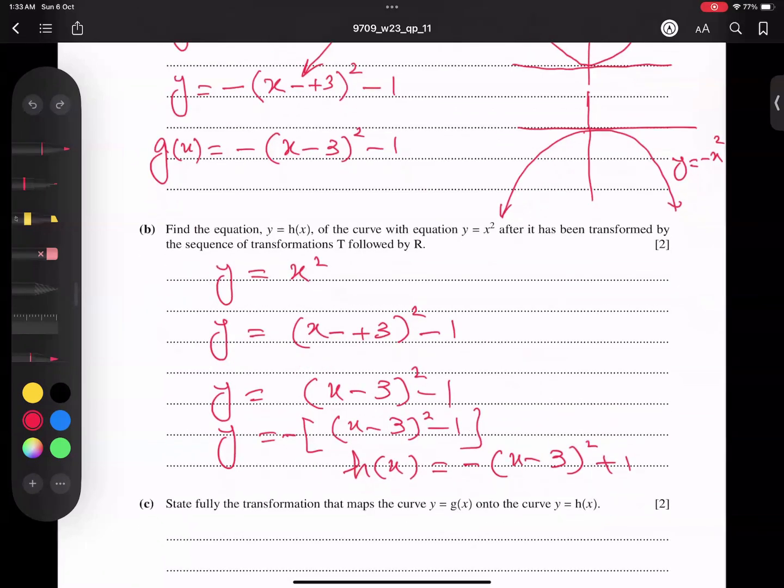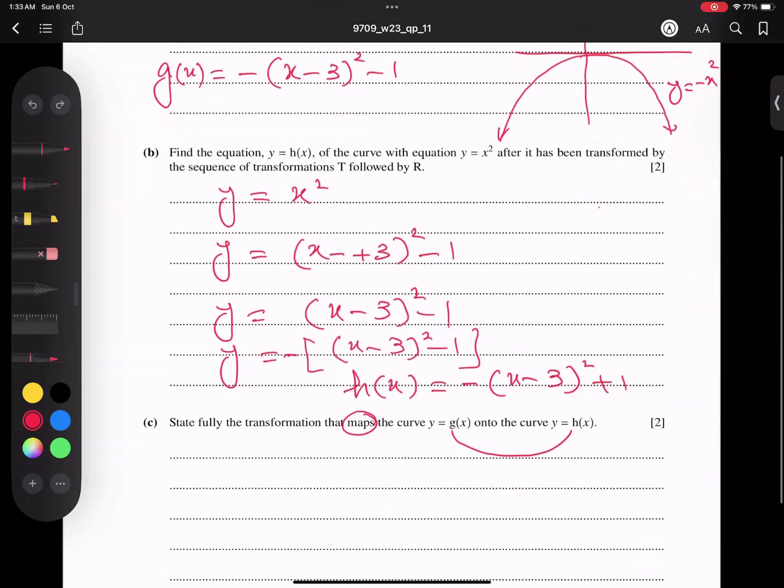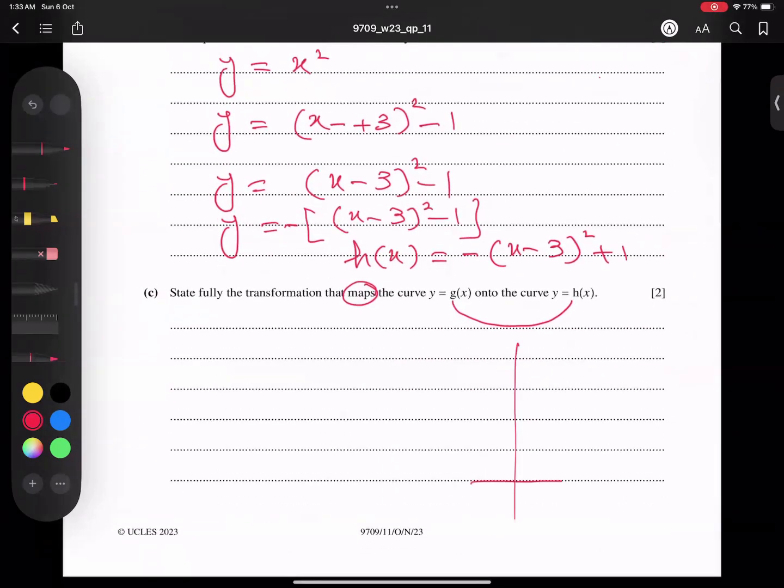And let's go for the last part. State fully the transformation which maps, that means shifts, G onto H. So if you look carefully, this is the same, only the y coordinate is shifting. Actually, for the sake of understanding this graph, I will show you.